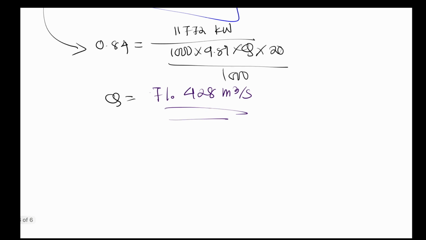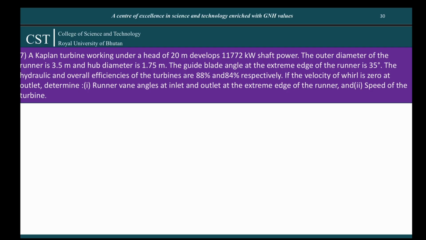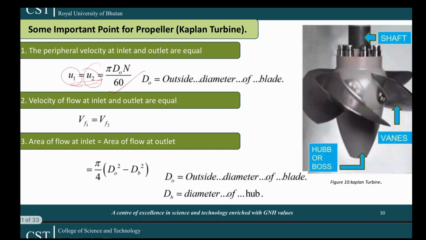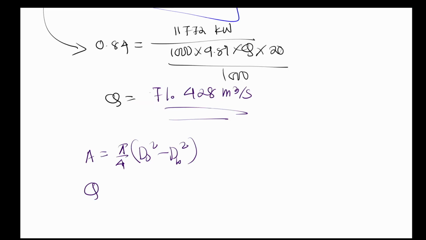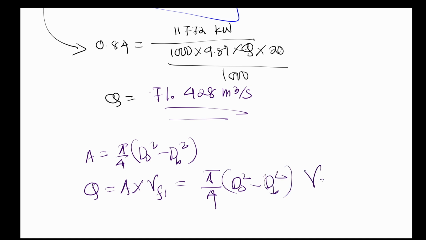So if we know the discharge, then we have one formula, and note that the area can be determined using this. Let's write this formula. If you want to determine the discharge, it's area times flow velocity. So we will get it by pi by 4 times D naught square minus Db square, times Vf1.